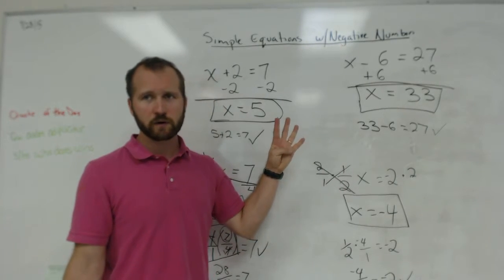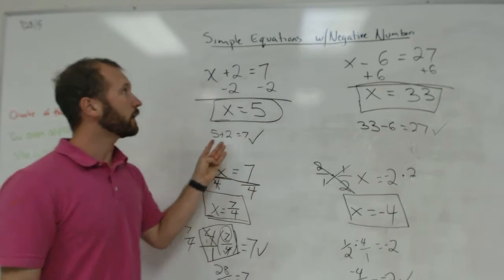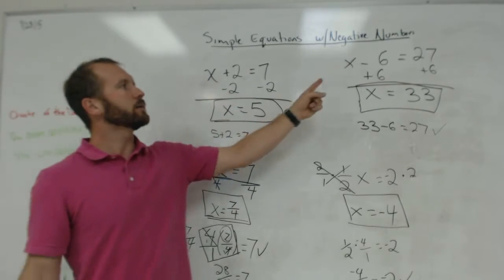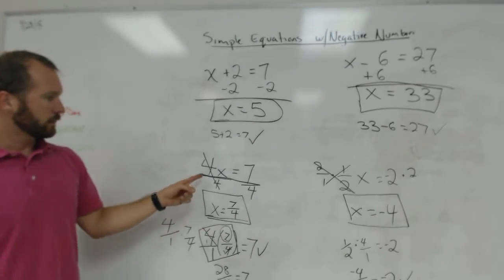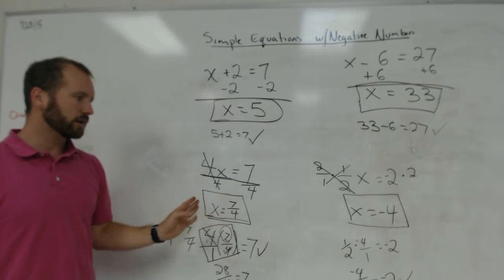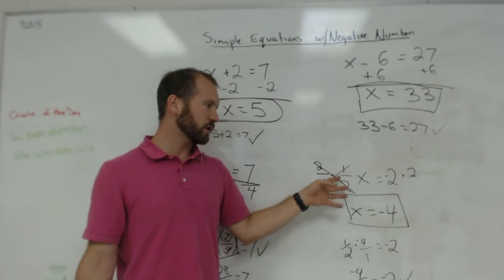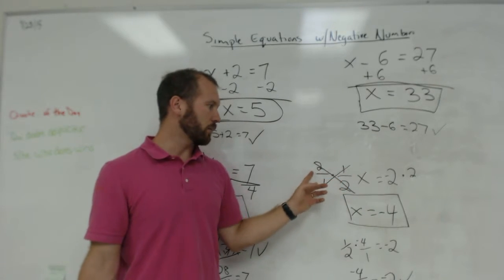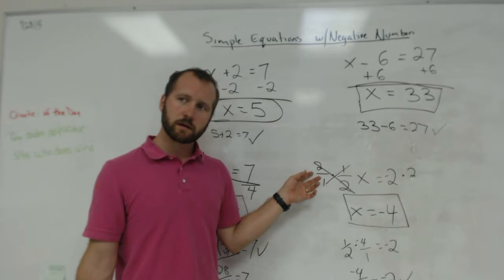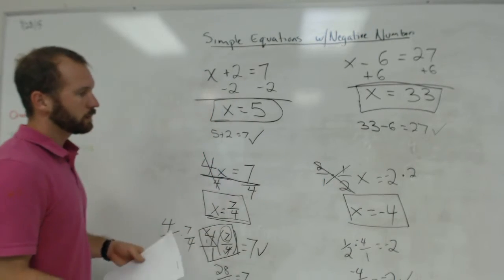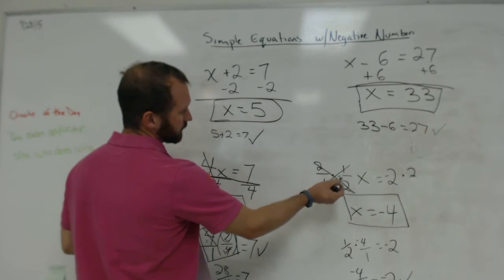So those are our 4 different operations. If it says plus, we subtract. If it says minus, we add. If it says 4x, we divide to get rid of that. And if we have this fraction here, if we have x divided by 2, we multiply to get rid of that. Multiplying times the reciprocal.